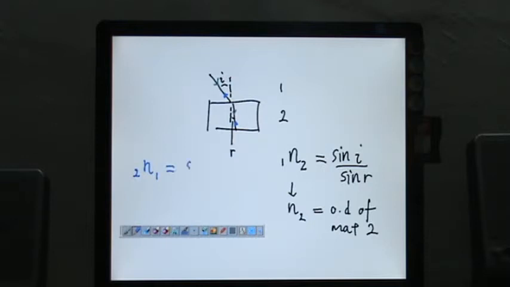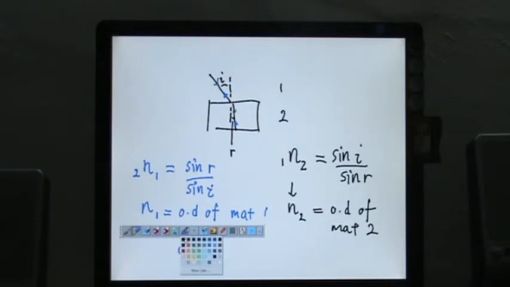So this will equal sine R over sine I. I want you to conclude that 2 and 1 is actually the optical density of material 1. In this case, air; this one is air, and this one is probably glass.